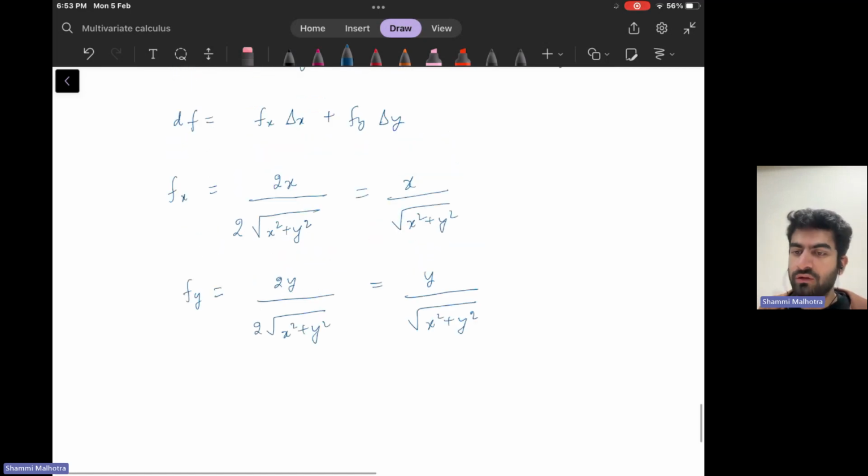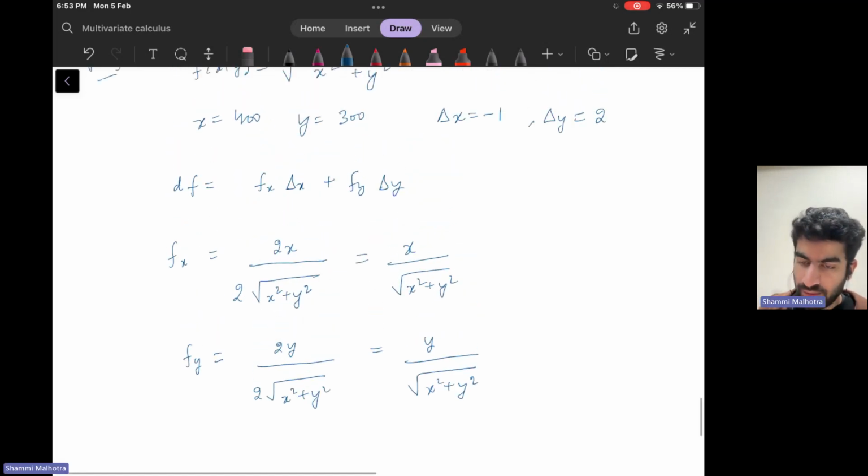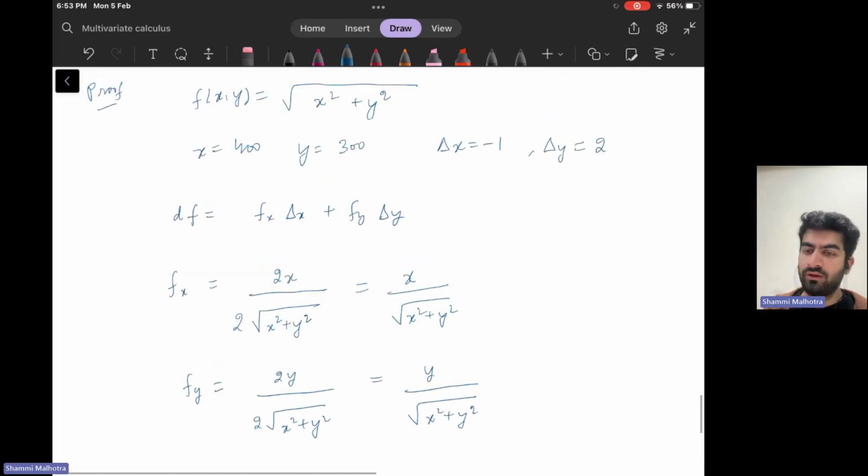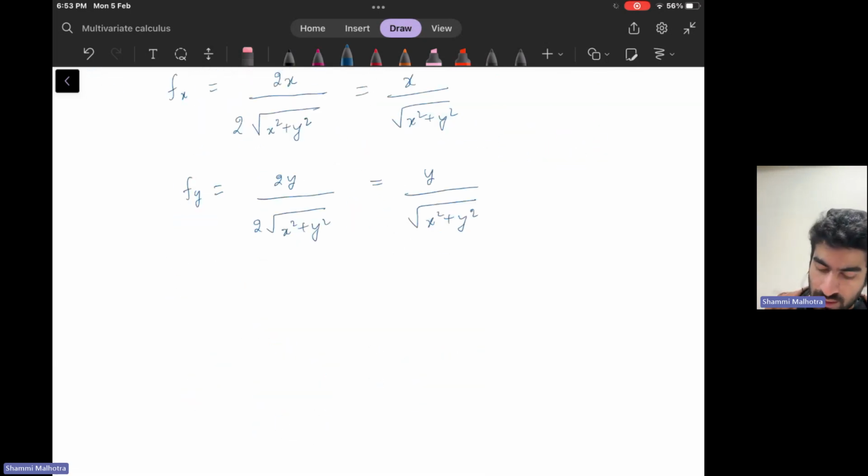So now we have calculated our partial derivatives, and what I have to do is evaluate them at the point at which I can find the value of the function. So f_x I have to calculate at 400 and 300.